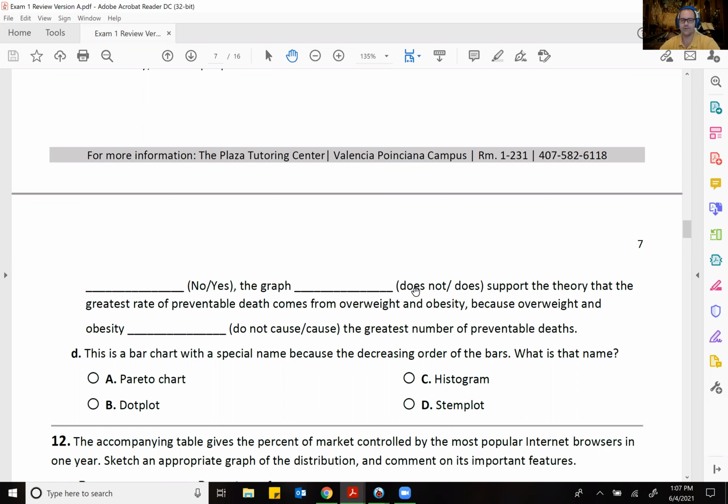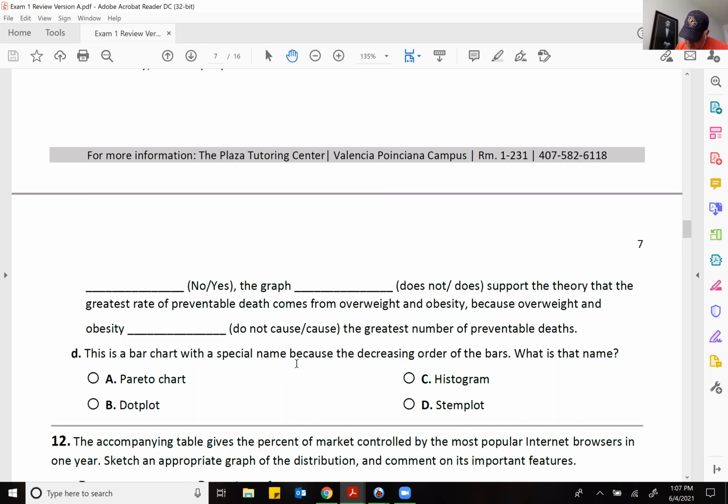So you see how you have choices here? This is like a drop down, or it could be multiple choice, but most likely it's a drop down. The graph does not support the theory that the greatest preventable rate of death comes from overweight and obesity, because overweight and obesity blank the greatest number of preventable deaths. Do not cause or cause?